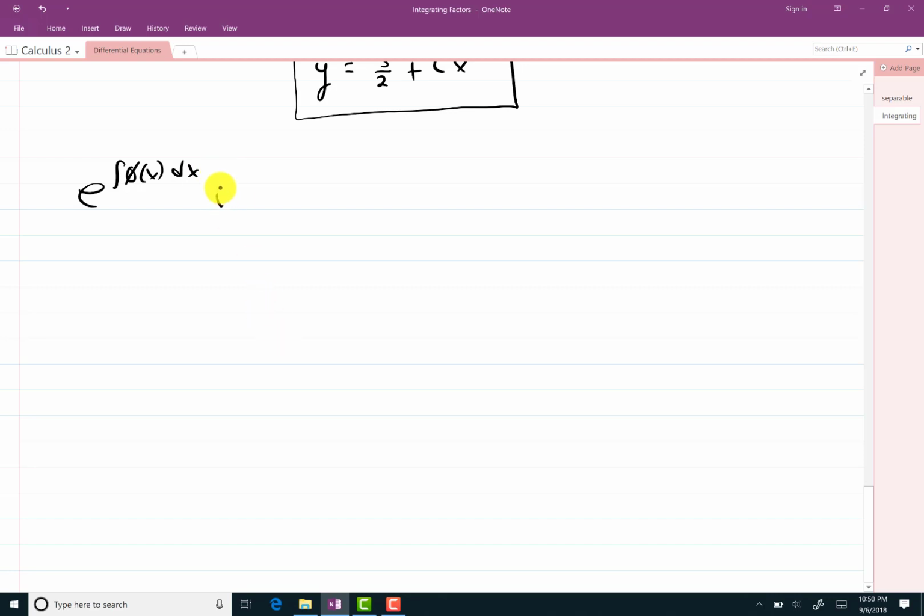So in particular, that one time when I did the natural log of x without the absolute value, that just happened to be one particular antiderivative that made it so I could solve the equation. That's all that really matters here. So don't worry about having a plus c or anything like that in the exponent.